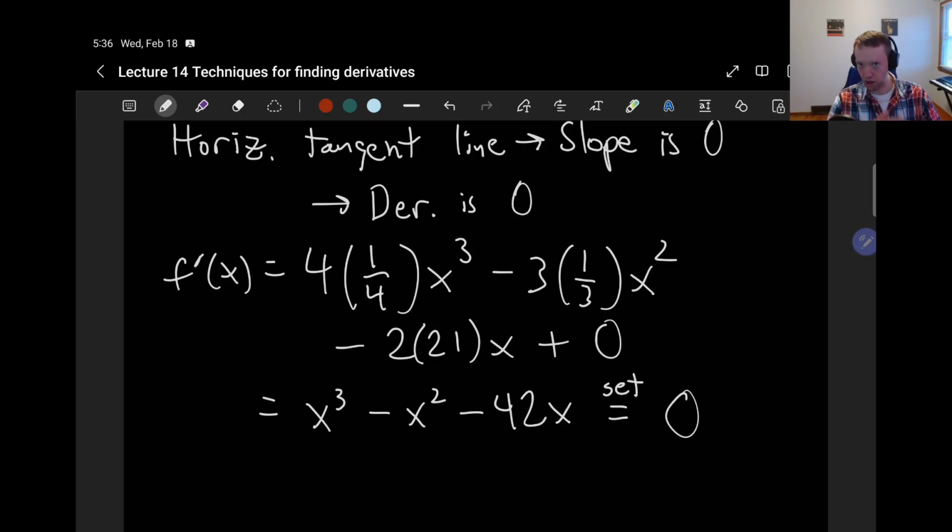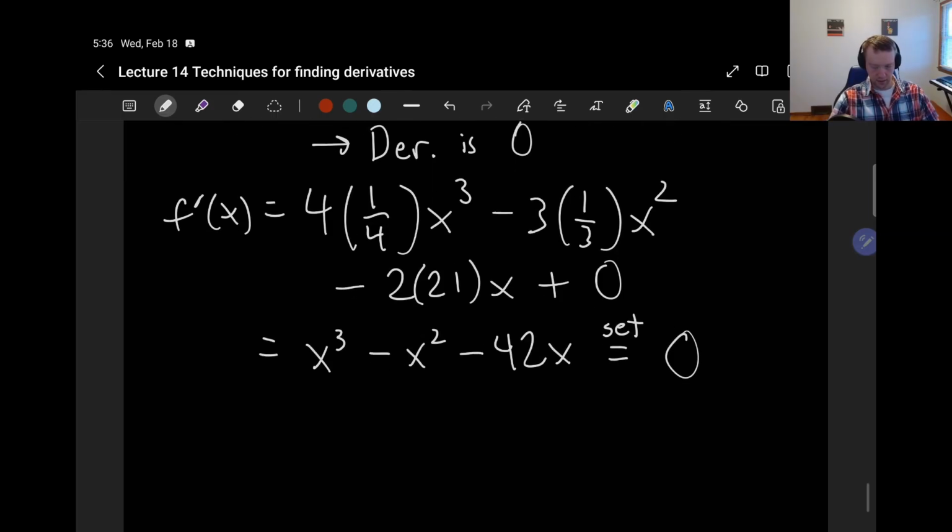So we're solving a polynomial. Now we don't have a lot of experience with solving cubic polynomials like this, where you've got the x cubed. But this quickly turns into a quadratic problem when we factor out an x.